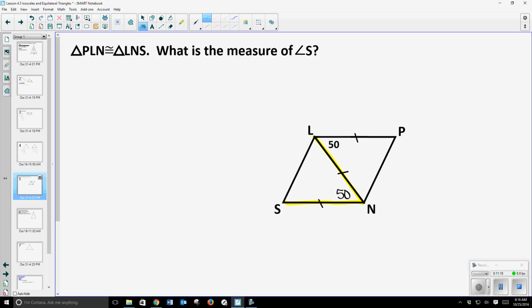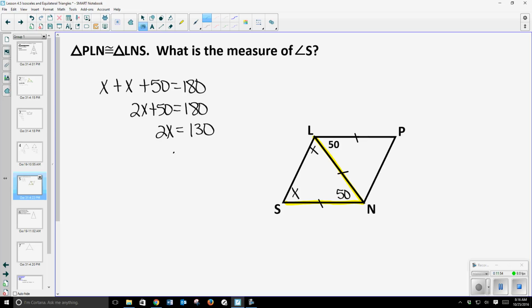So to get the base angles, now we can just focus on this triangle. It may be helpful to put an X here, and go ahead and put an X in the other angle, because those two angles are congruent since they're the base angles of the isosceles triangle. So you have 2X plus 50 equals 180. 2X equals 130.